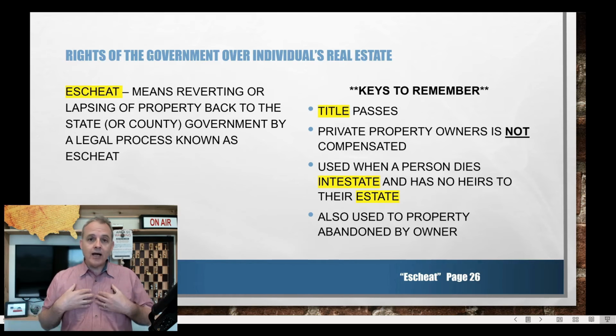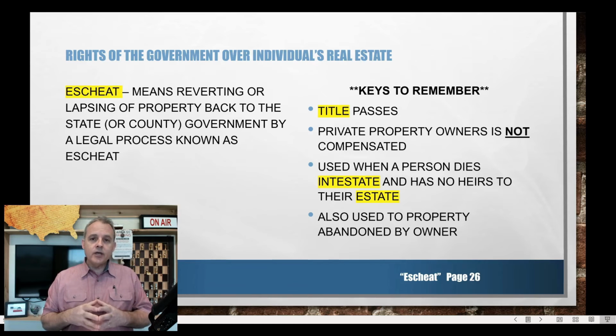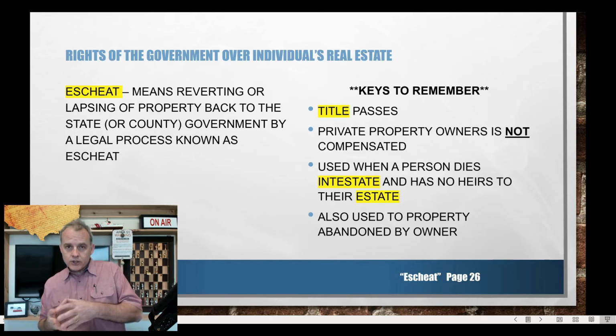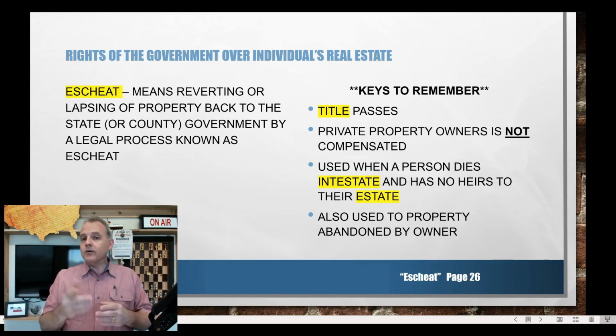They had no will, so I die, I have no will, and I absolutely have no family members, none. They're all gone. In that case, the government has to have a mechanism to wind that estate or liquidate the estate. So what happens is all my property then reverts to or escheats to the state. When I was in your position, I would remember the word cheat.